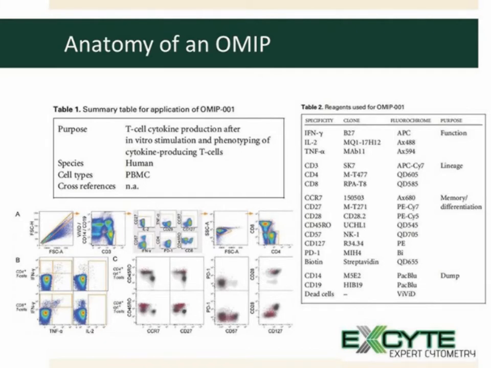This is from OMIP 01, and you can see here the summary table, what reagents were used, what the fluorochrome choice was and the purpose, and then their analysis so that you have a guide to help you in your analysis as well as knowing what fluorochromes they used. And you can see if these will work on your instrument or if not, what equivalent substitutes you can make.